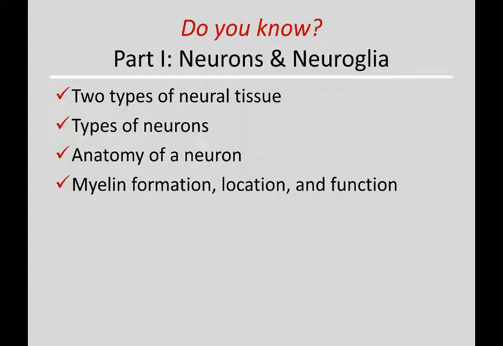Myelin formation: we make myelin on some neurons, not all, but some will have myelin made by a Schwann cell. The job of myelin is to make the conduction of electricity faster, as well as prevent you from inadvertently stimulating neighboring cells, so it insulates it.